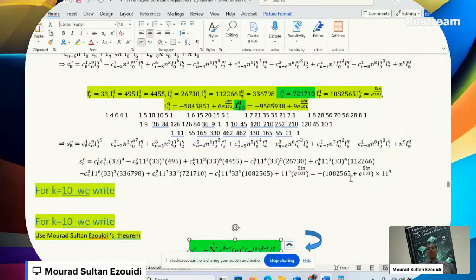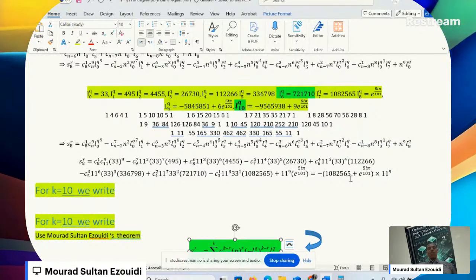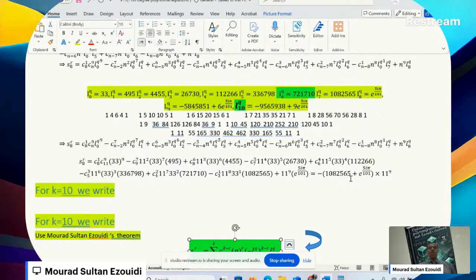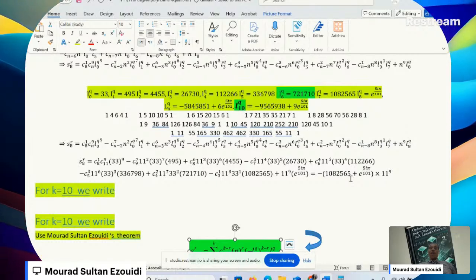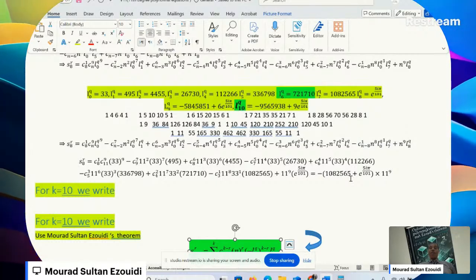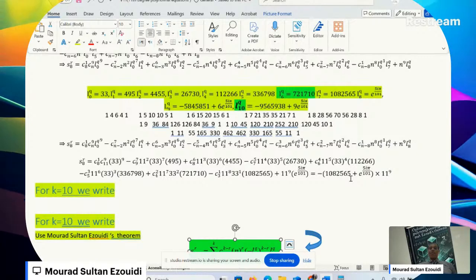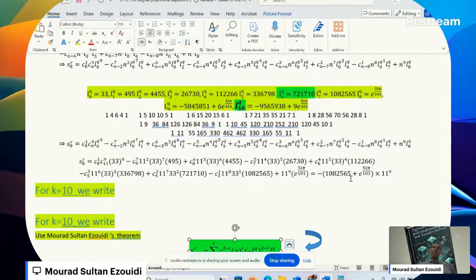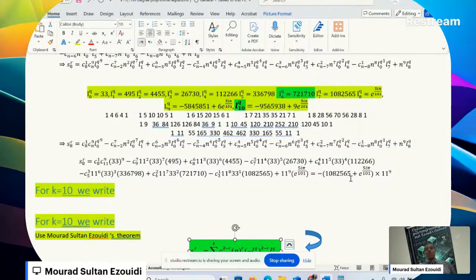Each coefficient has a method, and every step speaks. The method of Mourad Sultan really knows how to listen.